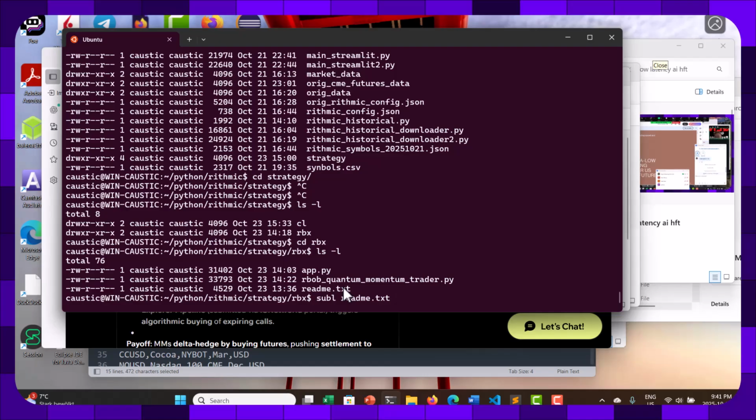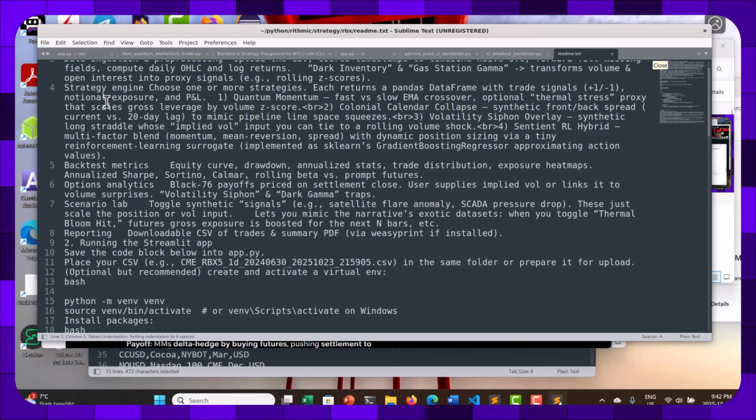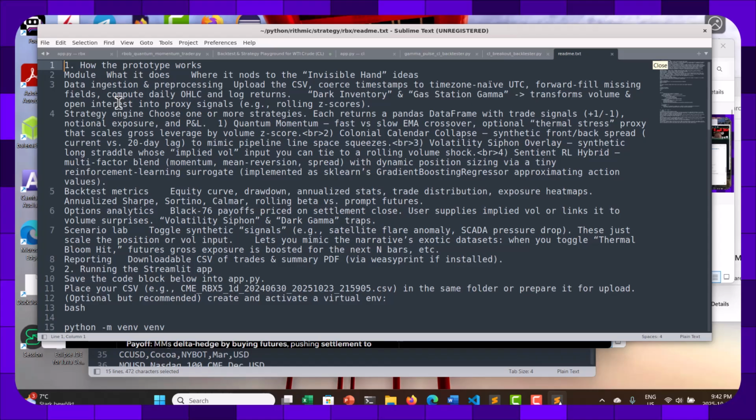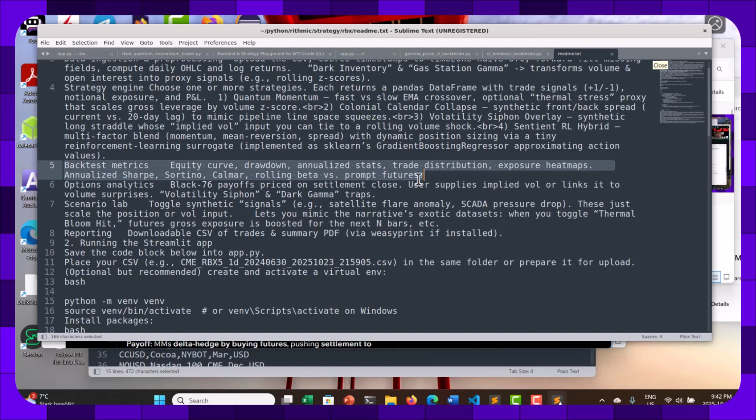This is now Python. Both are Streamlit Python apps. Here we are using proxy data. So it's going to be quantum momentum, colonial calendar collapse that was highlighted there, volatility siphon overlay. It's able to decipher all of this, as well as using sklearn, gradient boost regressor, using backtesting data, because I do provide real data.